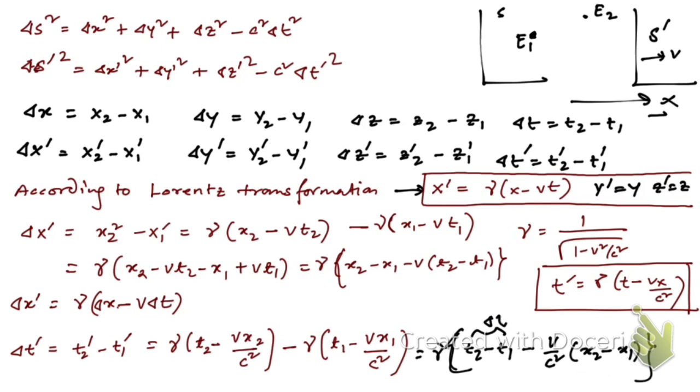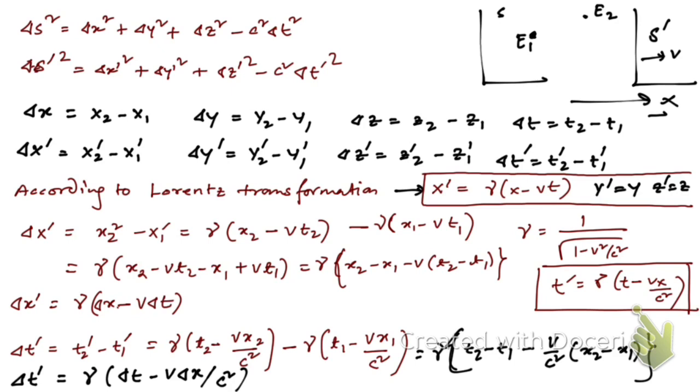That's why we can write that del t dash is equal to gamma into del t minus v into del x by c square. So that's what we're going to have.